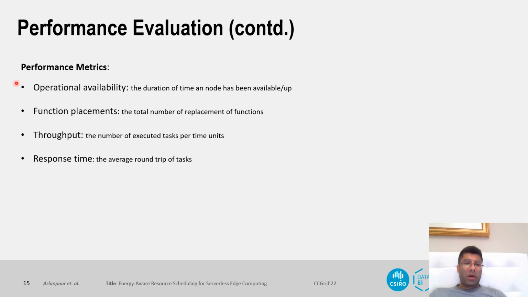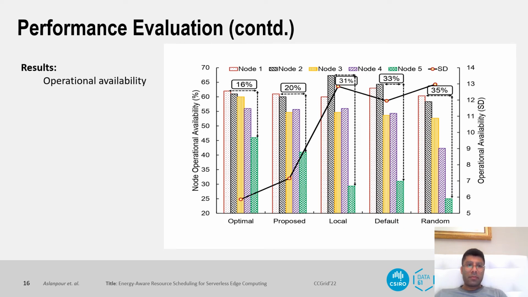Performance metrics for us are operational availability, the duration of time a node has been available or up; function placements, the total number of replacements of functions; throughput, the number of executed tasks per time unit; and response time, the average round trip of tasks. The first series of results are related to operational availability.